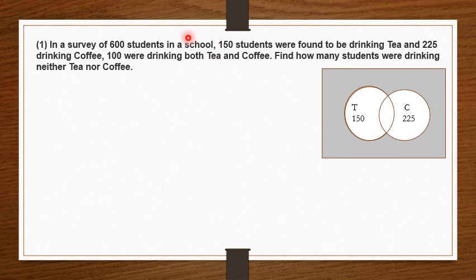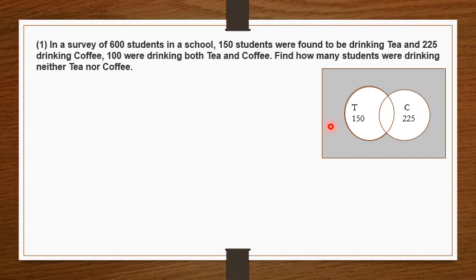When we represent this problem in a Venn diagram, it will be like this. This rectangle shows the total number of students in this school. This first circle T indicates the students who drink tea. The second circle indicates the students who are drinking coffee.